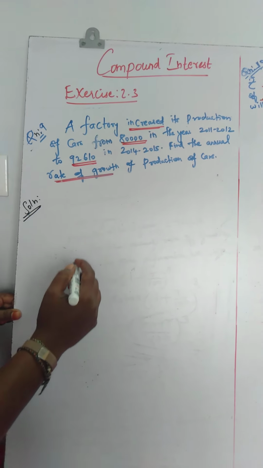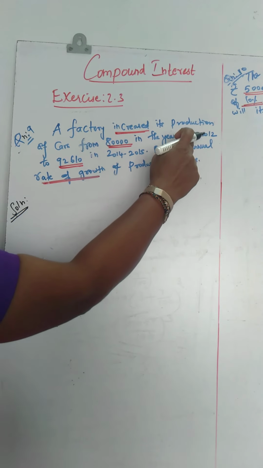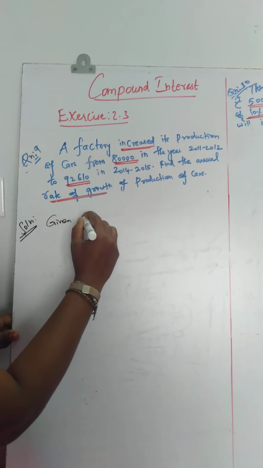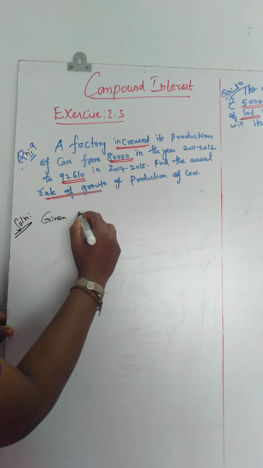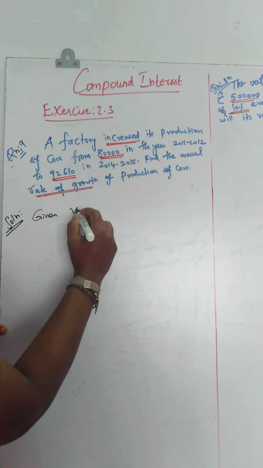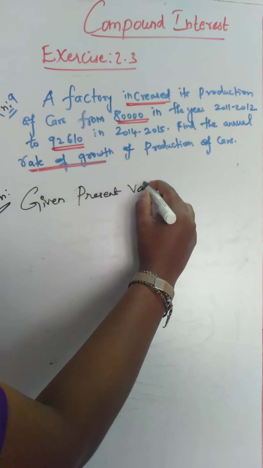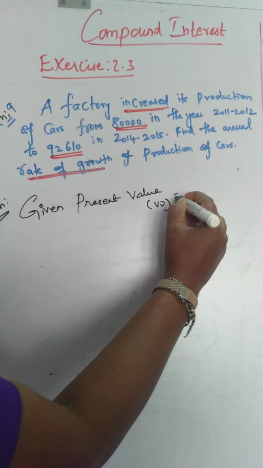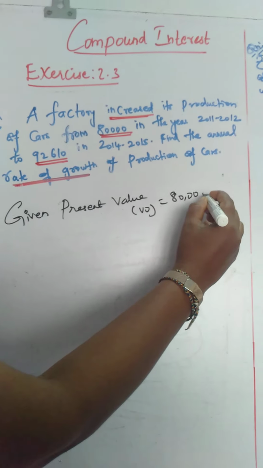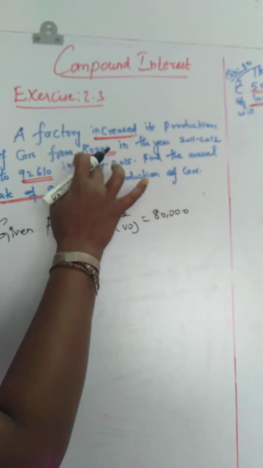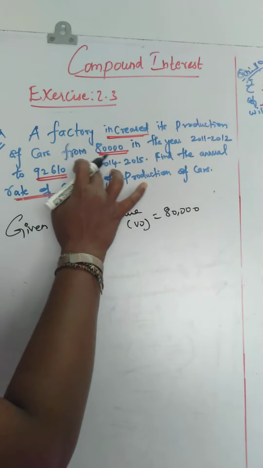What is given here? After the time period indicates that n here is equal to given. V naught, that is given present value, that is V naught equal to 80,000, right? Then in the year it is said that 2011 to 2012 and 2014 to 2015.